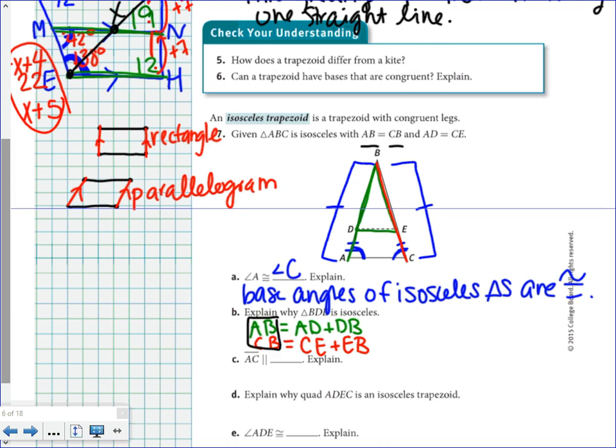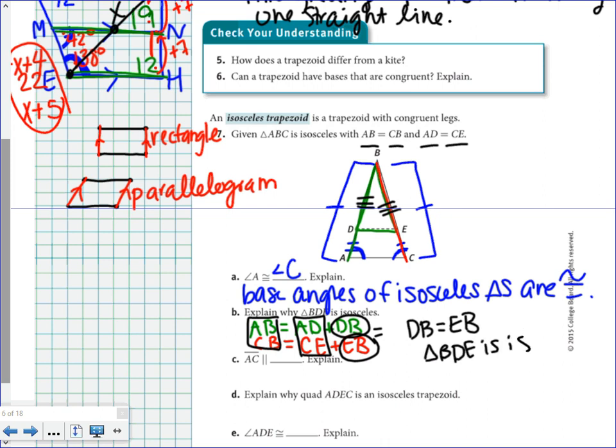So we could replace one with the other. We also know AD and CE are the same. And so we could replace one with the other, meaning that DB and EB have to be equal. So that forces these sides to be congruent. So by substitution, you'd end up getting that those sides are congruent, and that's why the triangle is isosceles. DB is going to have to equal EB, so triangle BDE is isosceles.